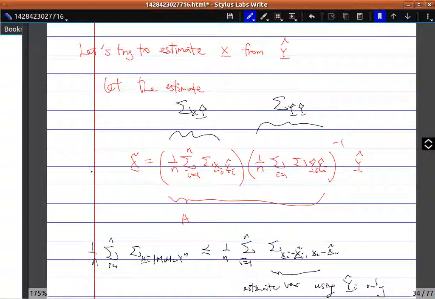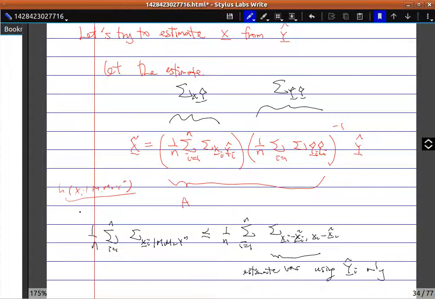If we use such an estimate, then remember, we are interested in h(xi | m1, m2, yn), and of course, if we want to bound that, we better find the covariance for this. What we can claim is that the covariance will be bounded by the estimate that we have, because this is basically the best estimate with the observation of m1, m2, and yn.